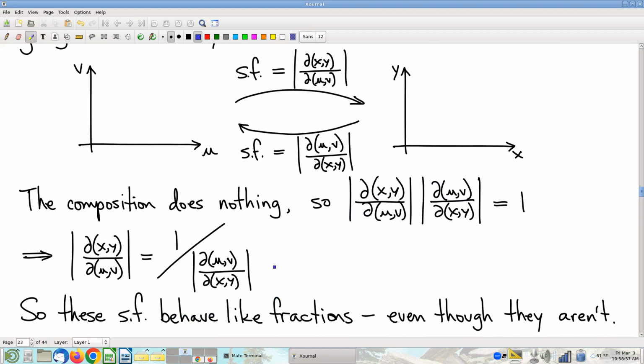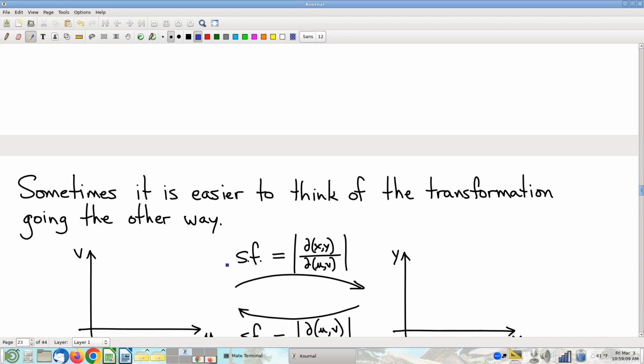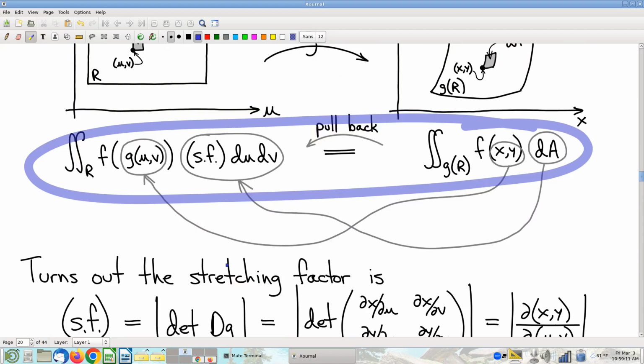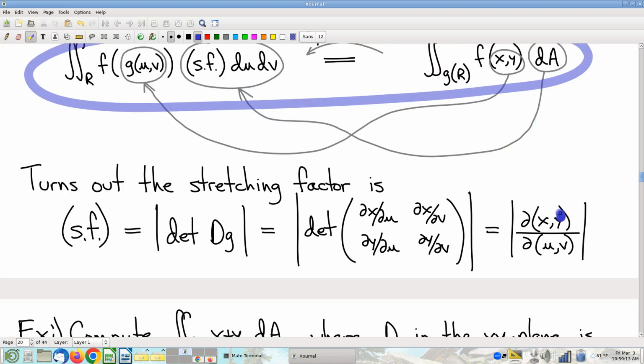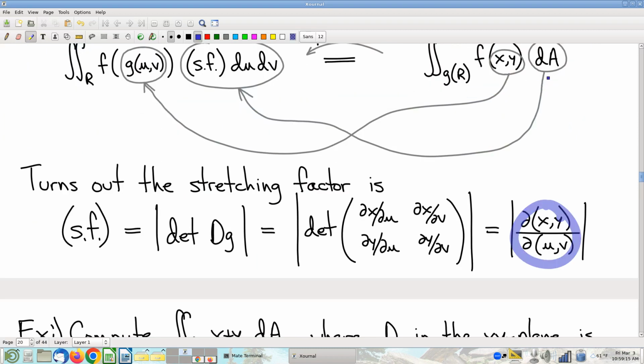Now, there's a temptation to look at this and think, well, yeah, of course, because these are fractions, and when you take a reciprocal of a fraction, the numerator and the denominator switch, right? Very, very tempting, but make sure to remember that's not what this is. You've got to remember that this is not a fraction. That's a lie notation.